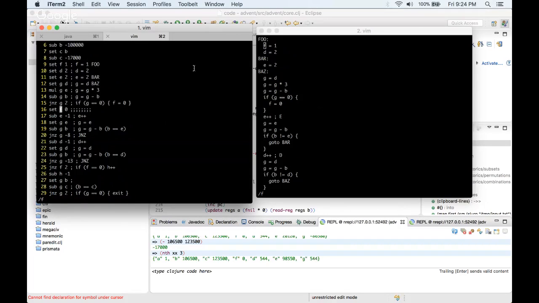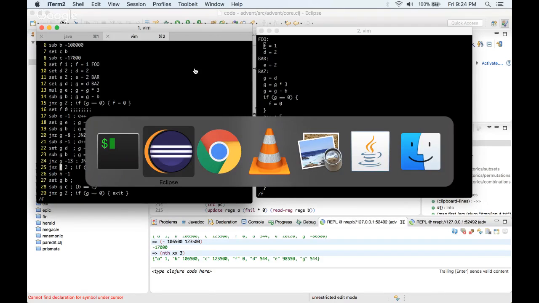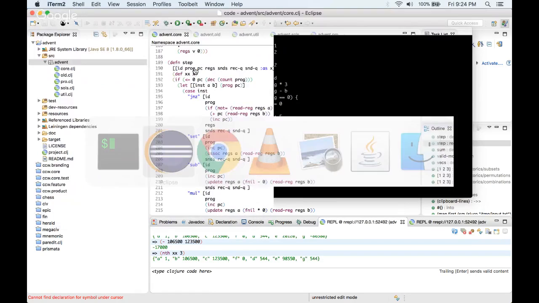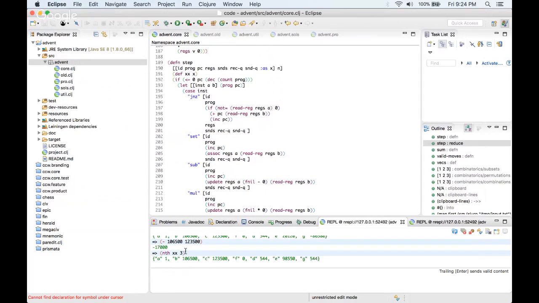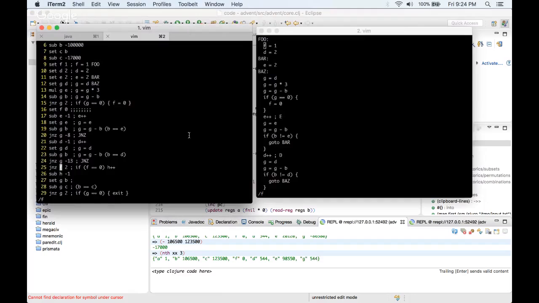Okay. I'm gonna go with 1,000 here, because we need to get to the place where B is equal to C, and that's only going to happen when this code gets executed 1,000 times.